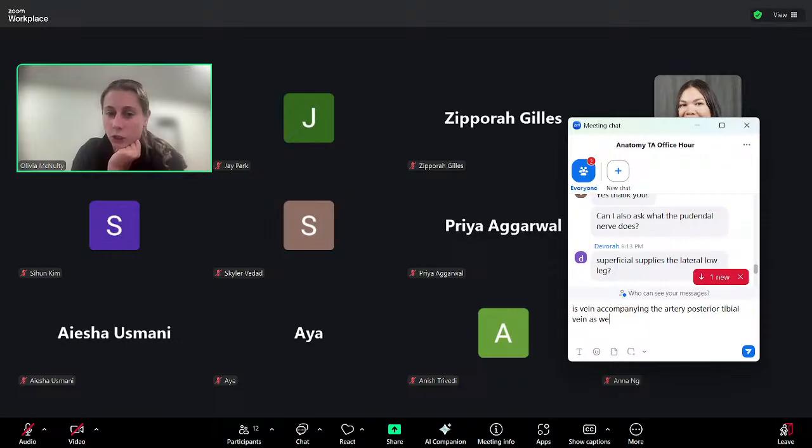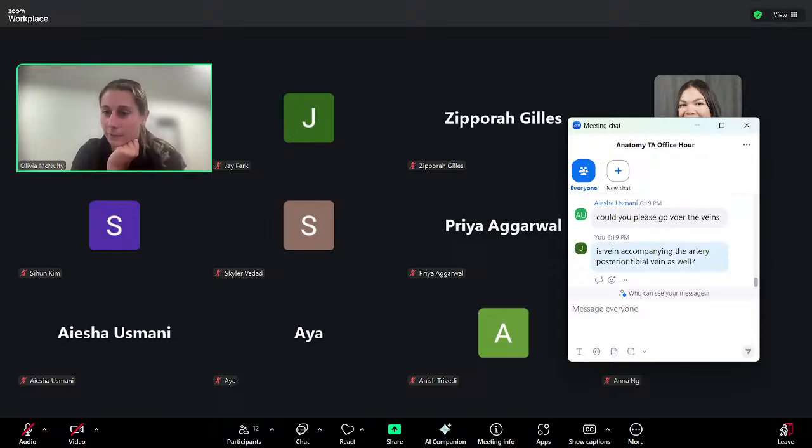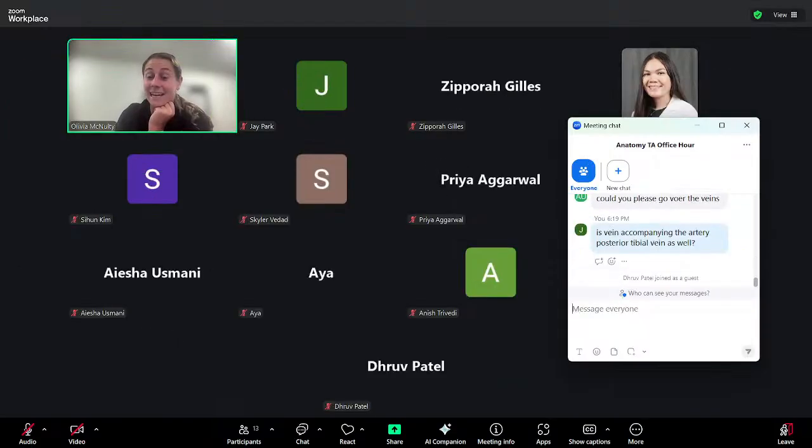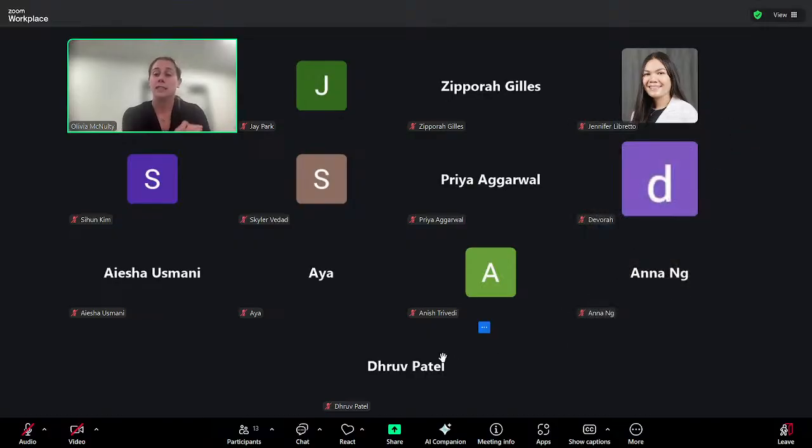Would foot drop occur from the deep fibular nerve? Yes, it would, because foot drop can occur in two locations. We could have injury to the deep fibular nerve, or injury to the common fibular nerve. Remember, the common gives rise to the deep fibular nerve, so if you hit it high, you're going to have the same repercussion as if you hit the deep fibular nerve.